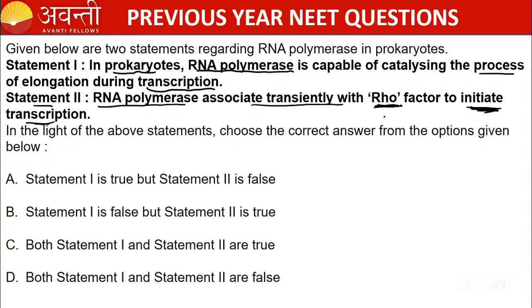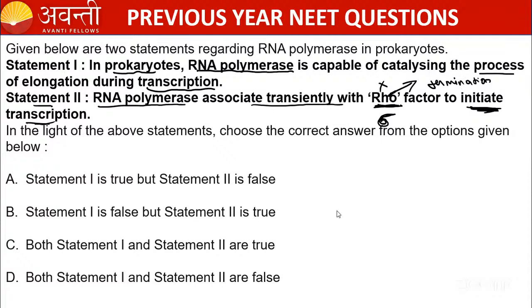For the initiation, we require a sigma factor, not the Rho factor. Rho factor we require during the termination. Yes or no? Which is the correct answer? Very good, guys. Yes, A is correct, right?